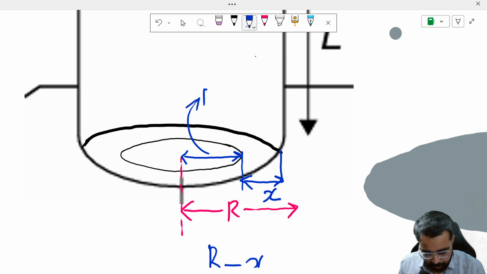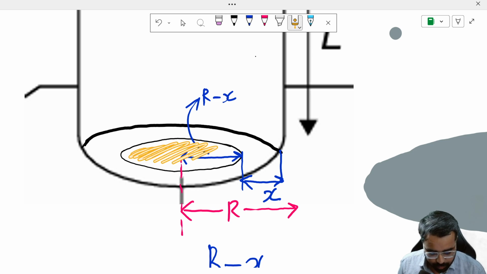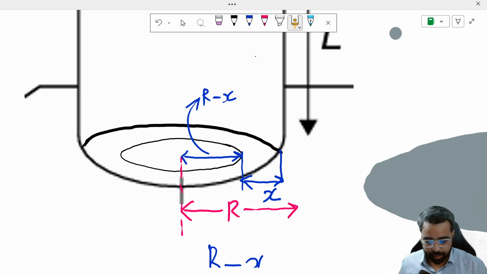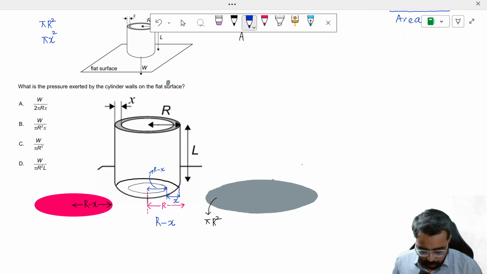If I find the area of this part, this one, and subtract it from the total area pi r square, then I will be able to find that area which is applying force on the flat surface. This is r minus x, and its area is pi into r minus x whole square.